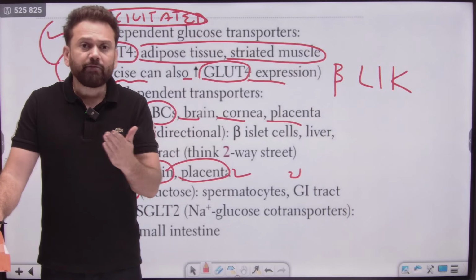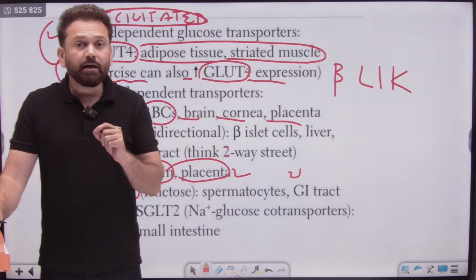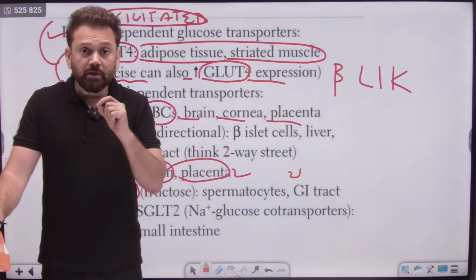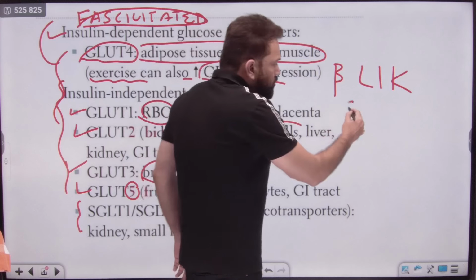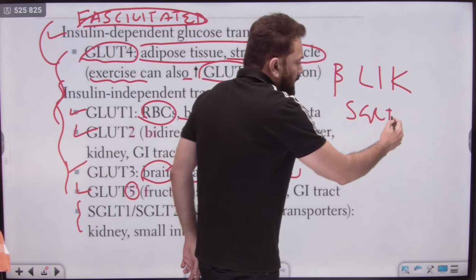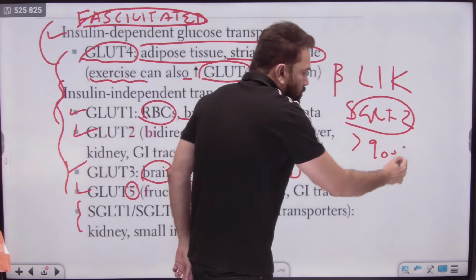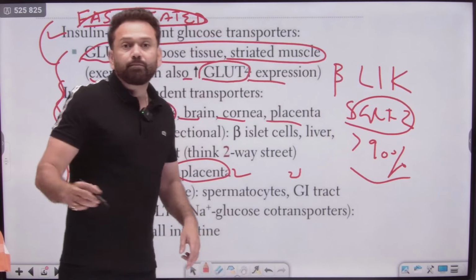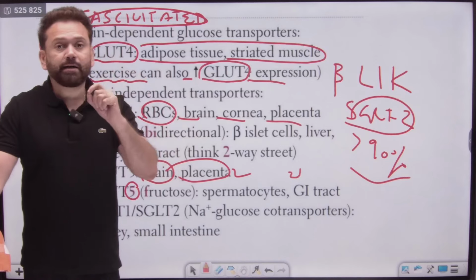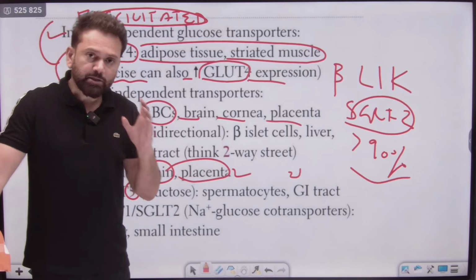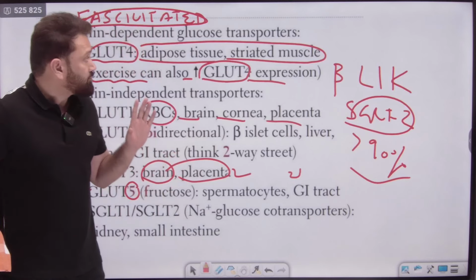All the gliflozins: canagliflozin, dapagliflozin, empagliflozin are SGLT2 blockers, because SGLT2 is responsible for more than 90% of glucose absorption from the kidney. Only 10% is absorbed by SGLT1. But in the intestine, we have only SGLT1. So this is very important.